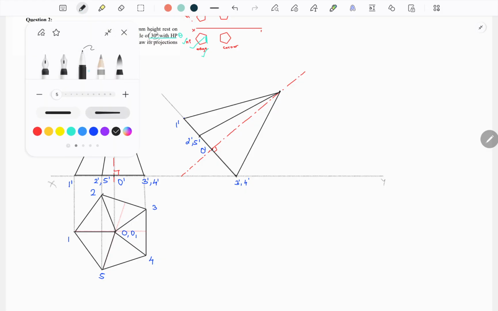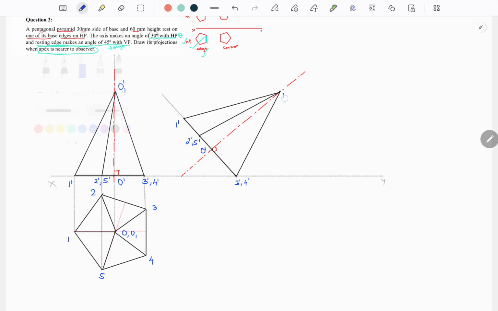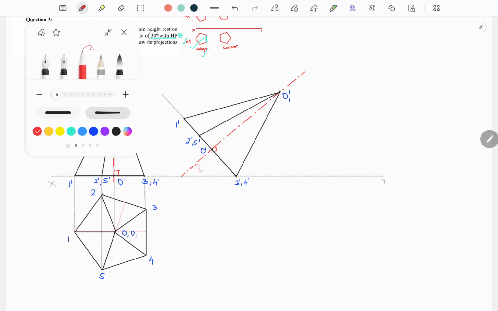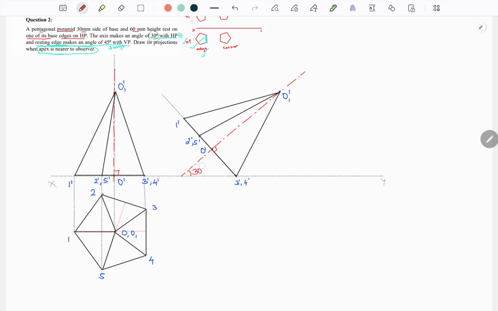Okay, what we have done, we have just rotated this object by an angle, how much is this angle? 30 degree. You have to show this angle 30 degree. Tilt this object. Now it is completely resting on which edge? This is the edge 3 and 4.